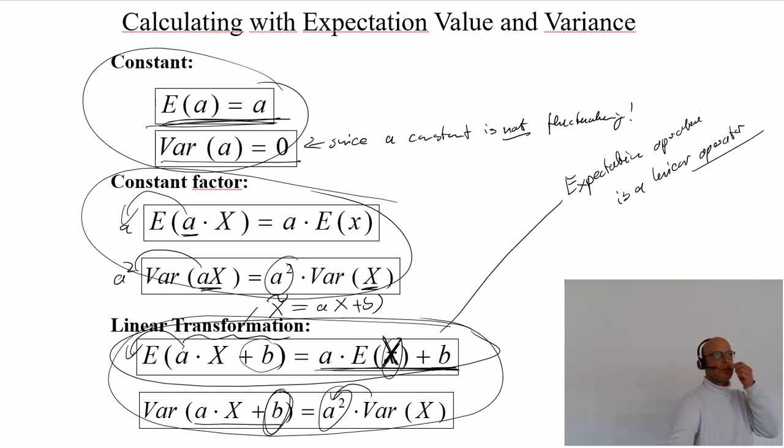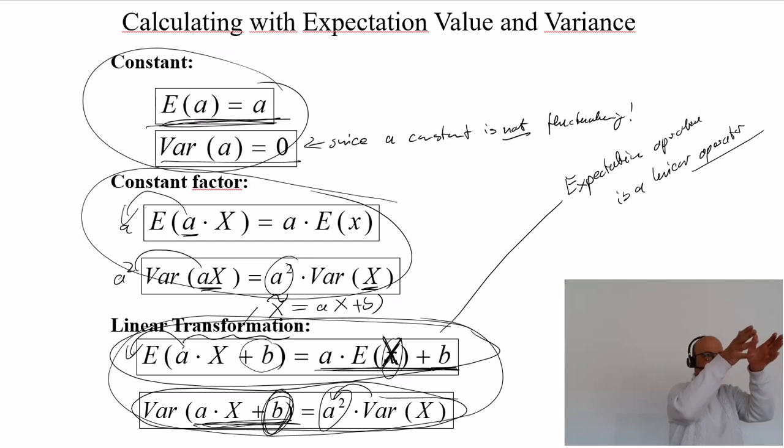This you should keep really in mind, and then of course if we transform linearly a random variable, then this translates in the variance that the constant shift is of course vanishing.